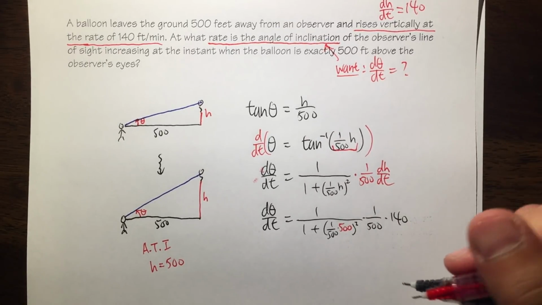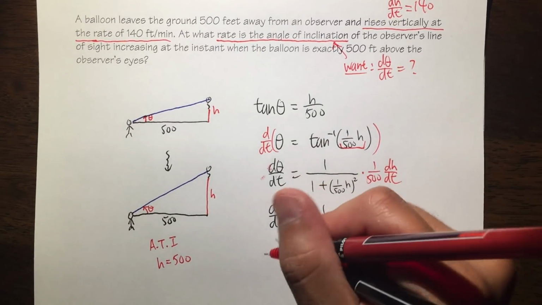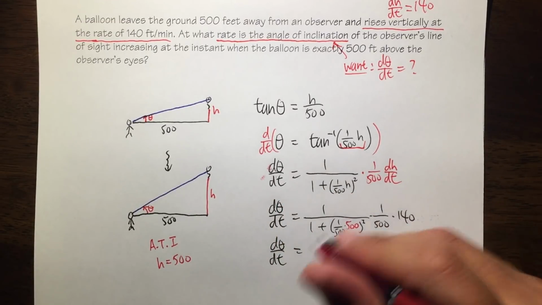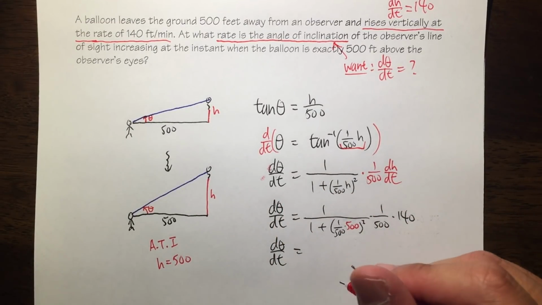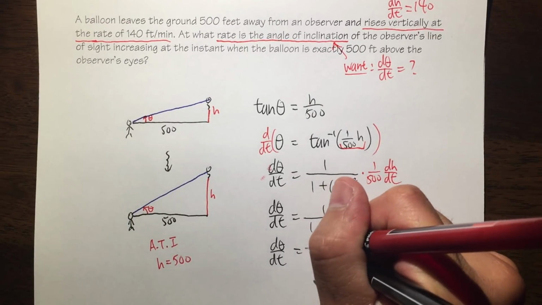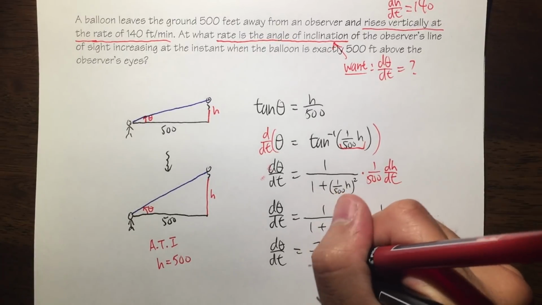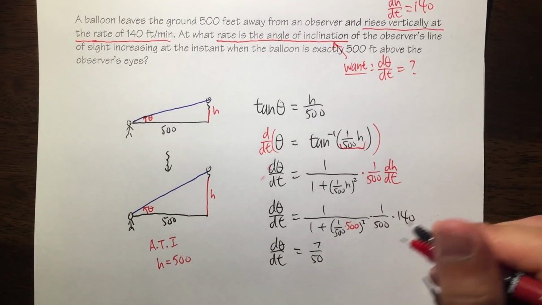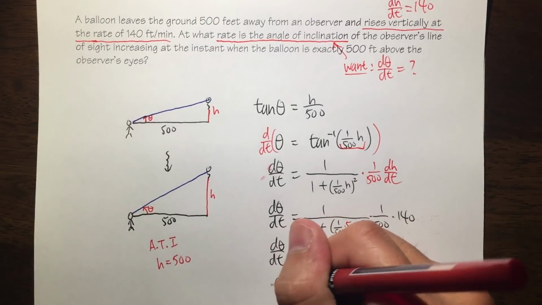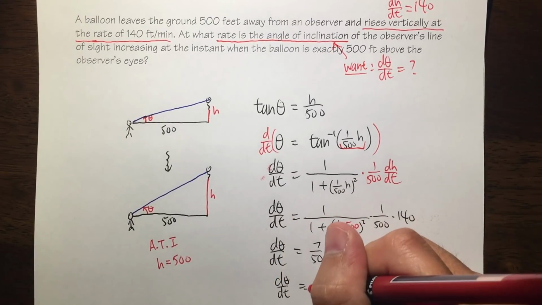From all this, you can just work this out. Depending on whether you like fractions or decimals: if you like fractions, it's 7 over 50. Or if you like decimals, this is 0.14.